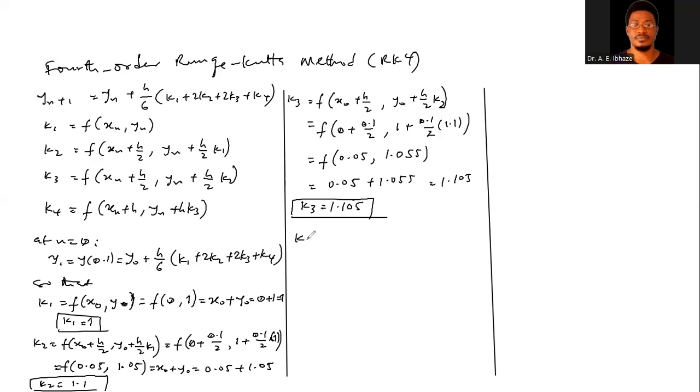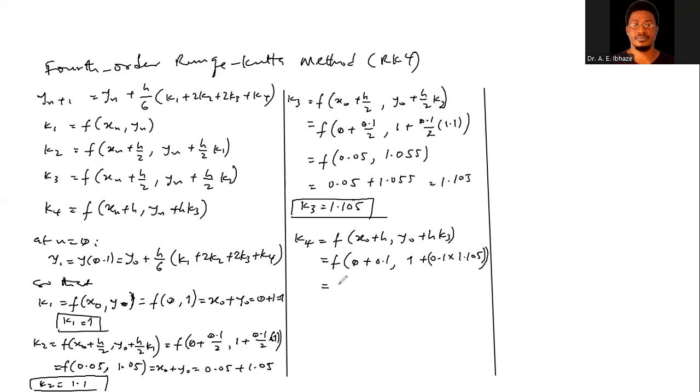And then you can now evaluate k4, which is f of (s0 plus h, y0 plus h k3). So this is the same as f of (0 plus 0.1, which is h, 1 plus 0.1 times 1.105). Okay.